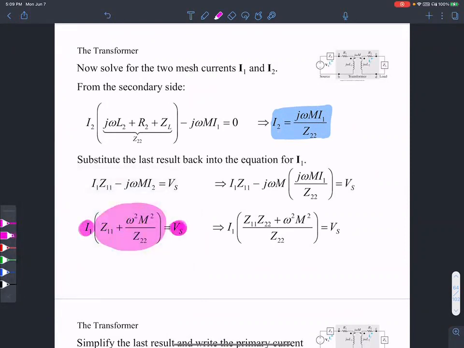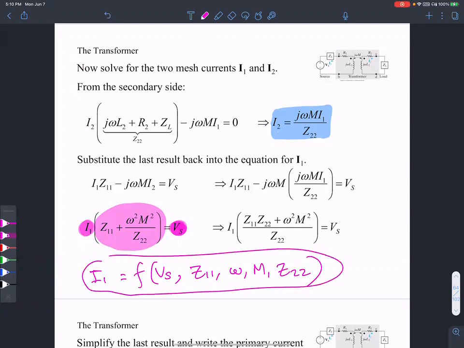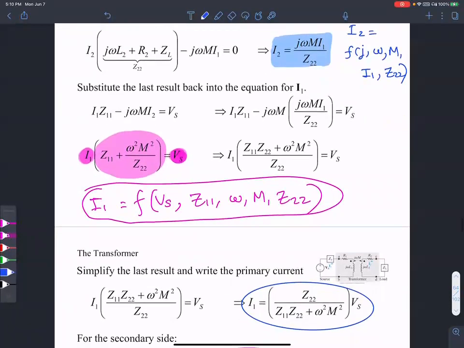You can express I1 in terms of Vs, Z11, omega, M, and Z22. I1 can be expressed as a function of these parameters. Similarly, I2 can be expressed as a function of j, omega, M, I1, and Z22. You can refer to the notes that you have for the exact formula.